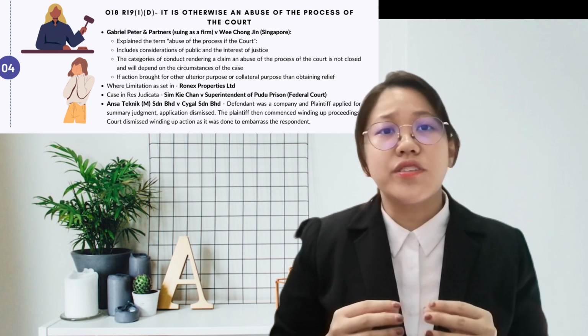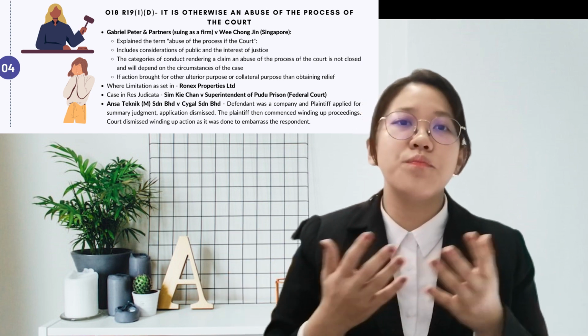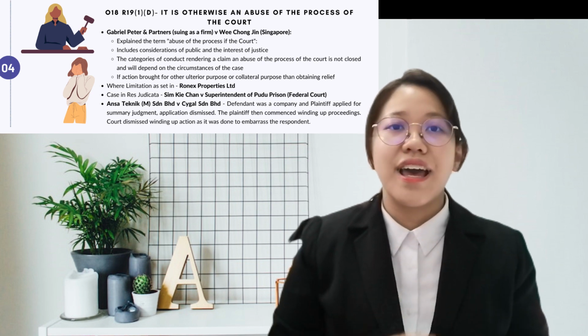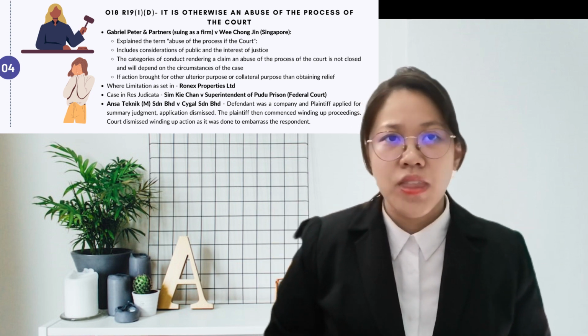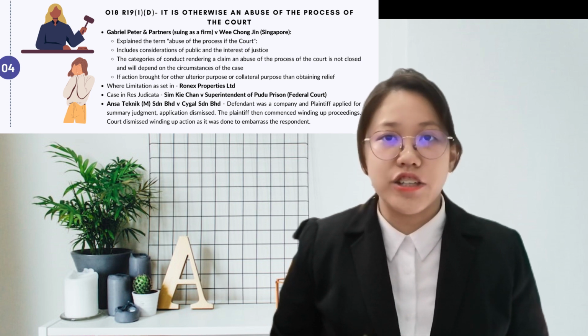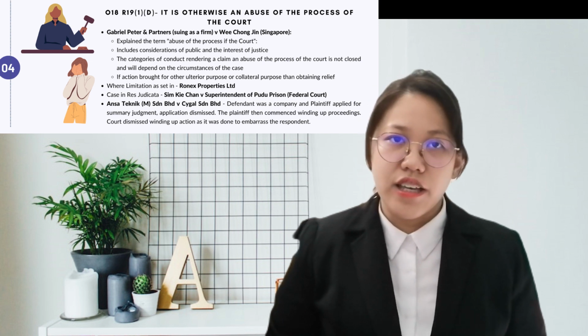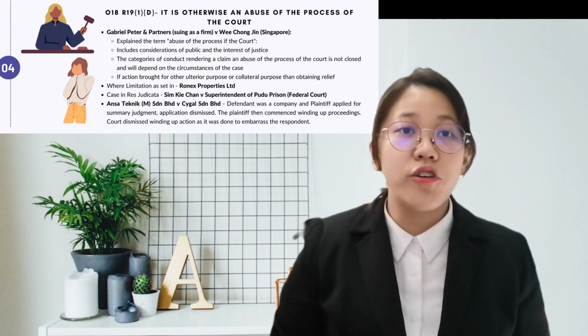The categories of conduct rendering a claim frivolous, vexatious, or an abuse of process are not closed and could depend on the relevant circumstances of the case. It must not be used for an improper purpose and must be used for genuine and bona fide purposes. It cannot be commenced and acted on under an ulterior motive other than a genuine or real purpose.